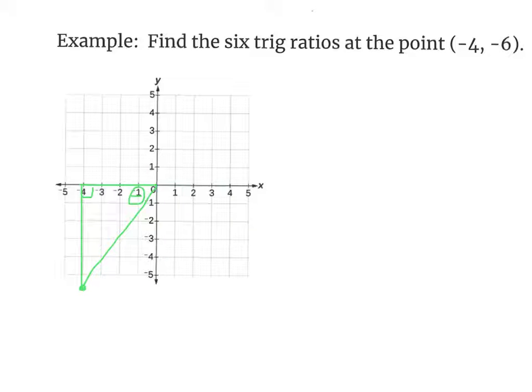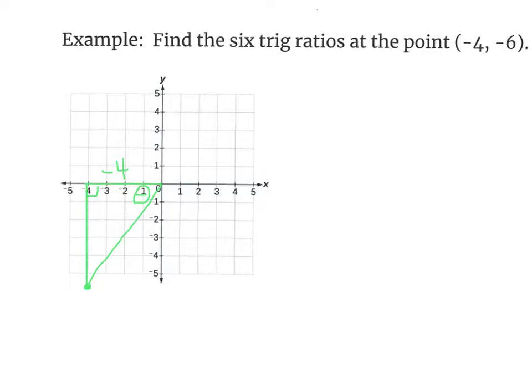origin. Now that we're in the coordinate plane, though, this triangle can have negative side lengths. This side length is -4. That side length is -6. And if you use the Pythagorean theorem, remember, leg squared plus leg squared equals hypotenuse squared, and simplify that radical, we get that the hypotenuse is 2 square roots of 13.